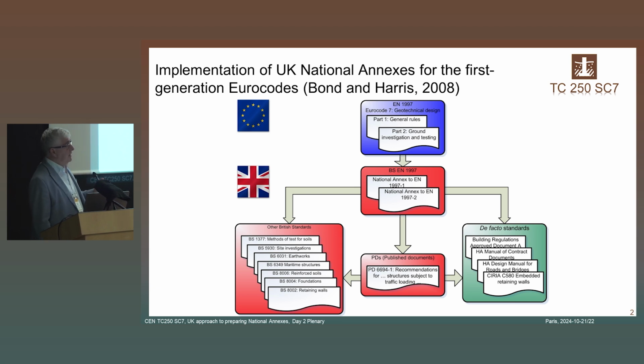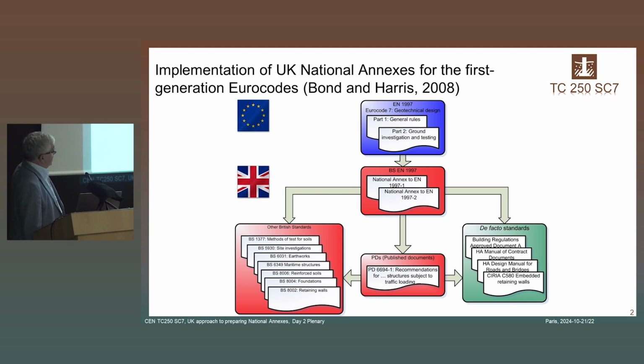Some of them were still lump factor. Some of them were very old codes anyway, and they needed updating. Some were temporarily withdrawn, the foundations and the retaining walls codes. I think the retaining walls code was temporarily withdrawn and then reissued. So we had to do quite a bit of work to make those British standards conform to what the Eurocode was saying. Because remember, of course, the Eurocode in the UK is a British standard, so it has the same status.